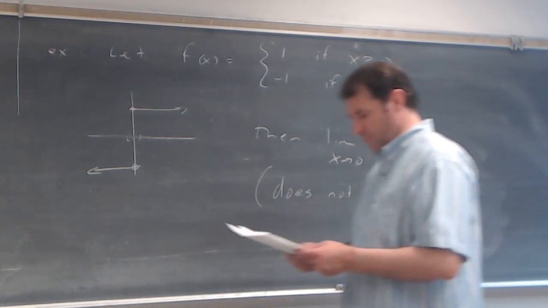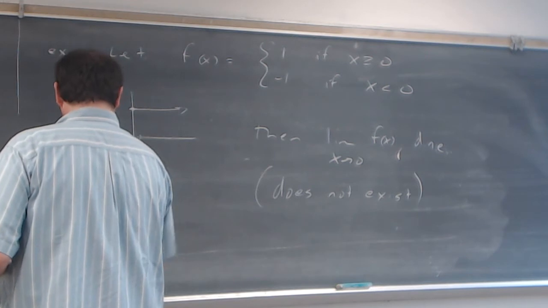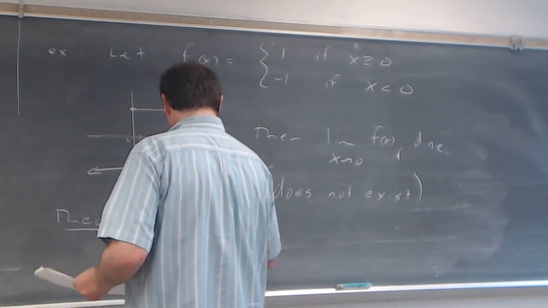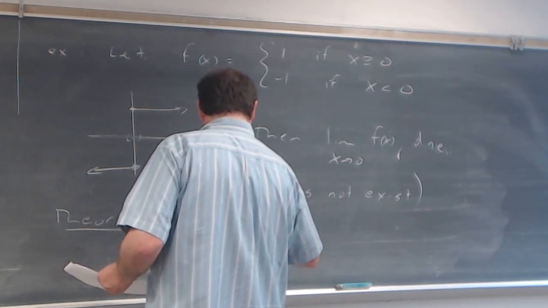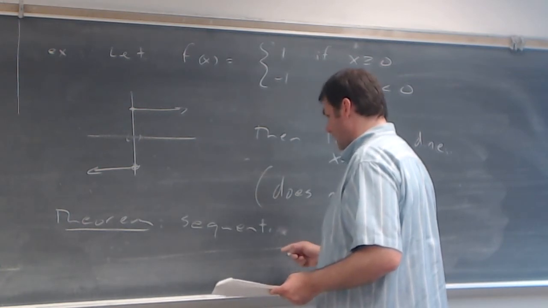Well, here's an important theorem. And in chapter 3, we learned about limits of sequences. And we're going to relate limits of functions to limits of sequences by this theorem.